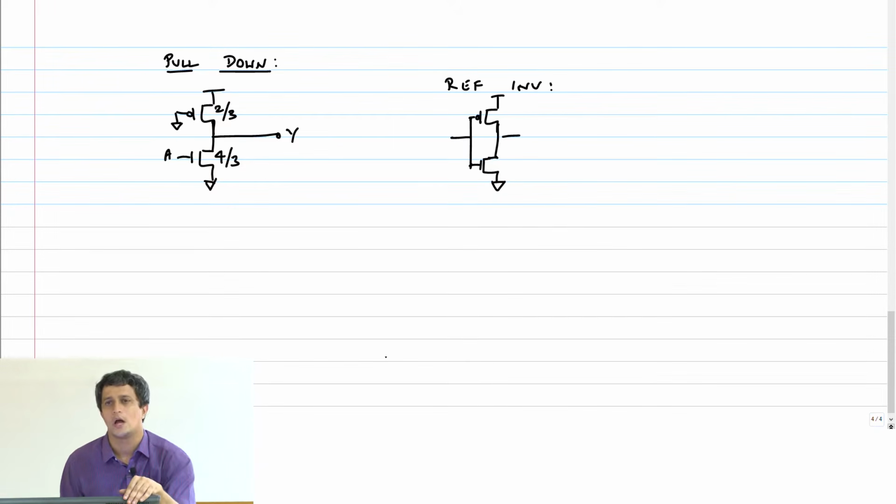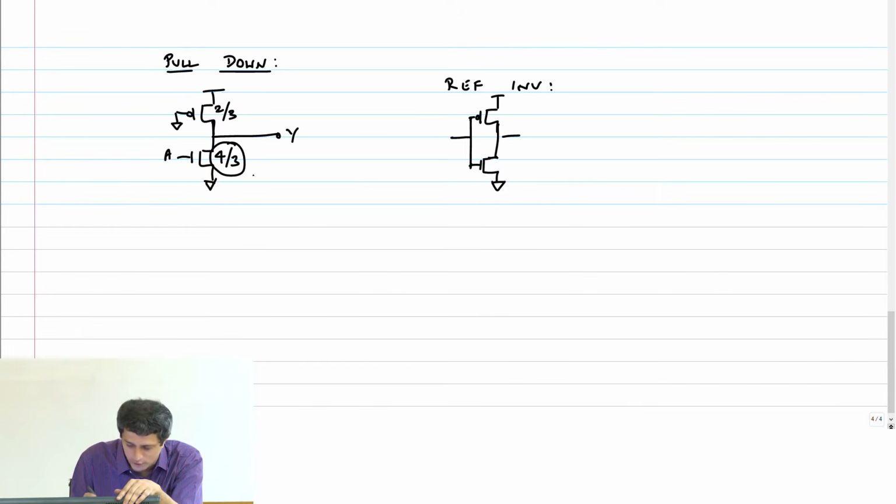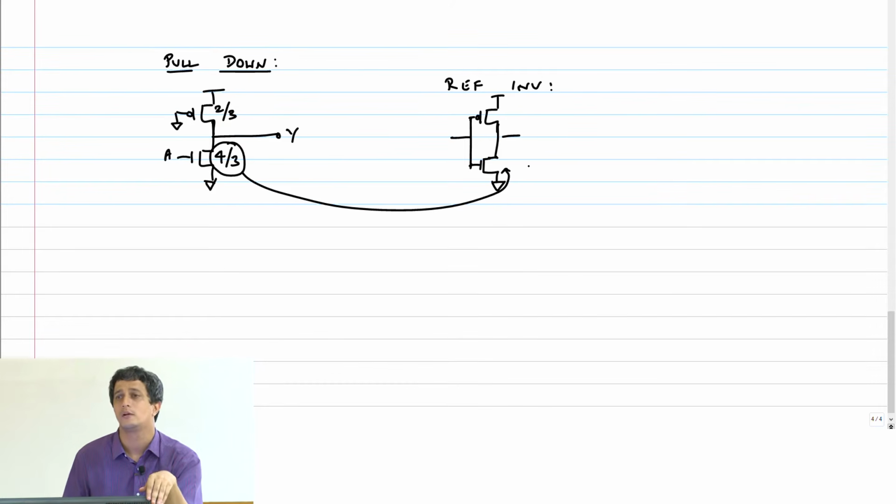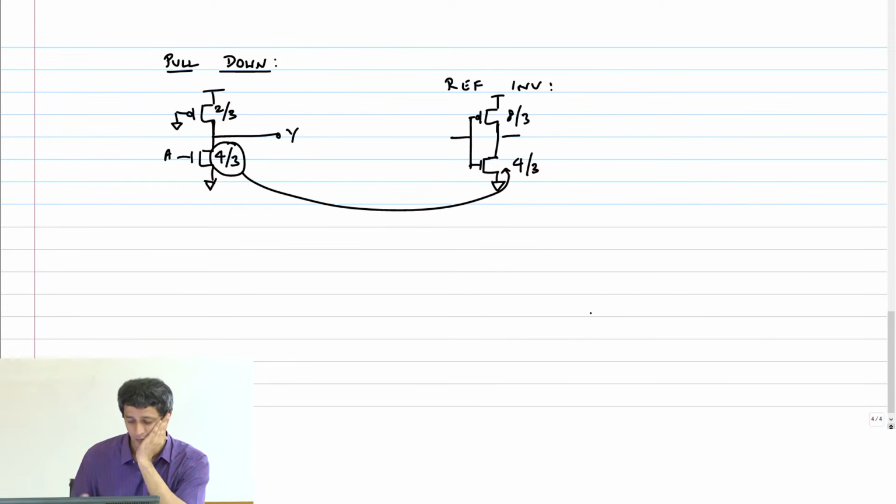Now, the question is, this is 4/3. Can I make this 4/3? If this is 4/3, what should the PMOS be? 8/3. What's the logical effort? CA here is 4/3 times C. What about CA here? It is 12/3 times C, that is equal to 4C.